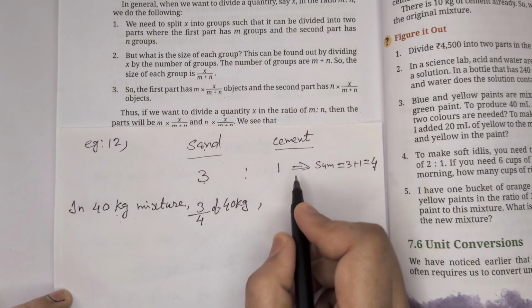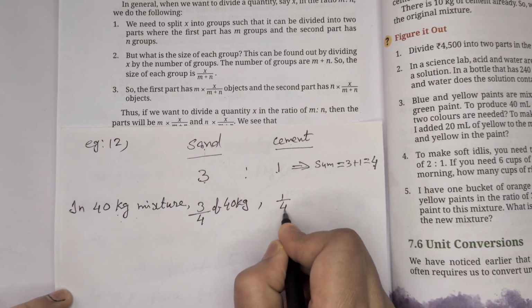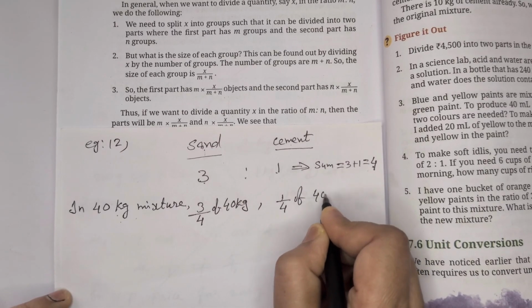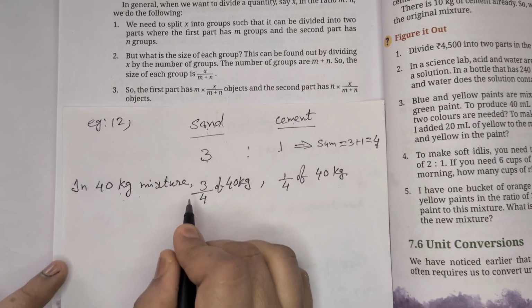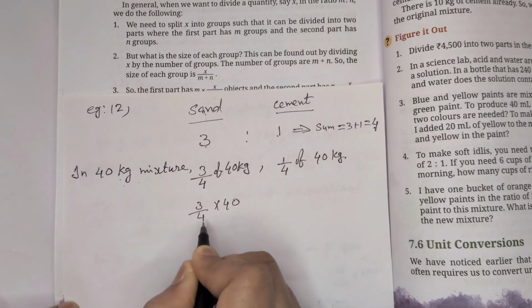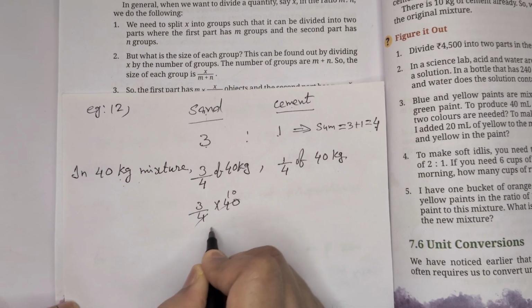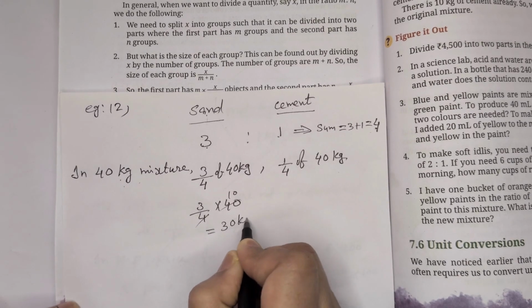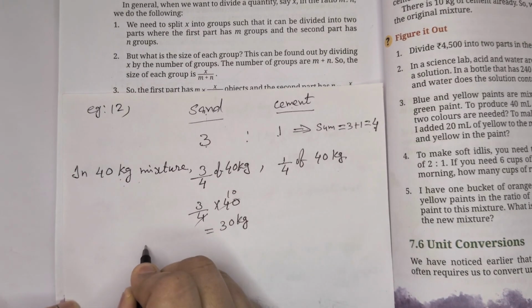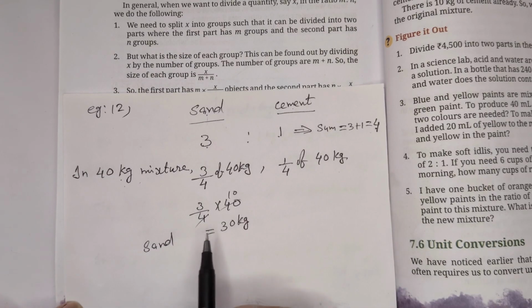And how much cement is 1 portion out of 4, 1 by 4 of same 40 kg, which means 3 by 4 into 40. You can divide by 4, here 10. That means 30 kg here, which means sand.